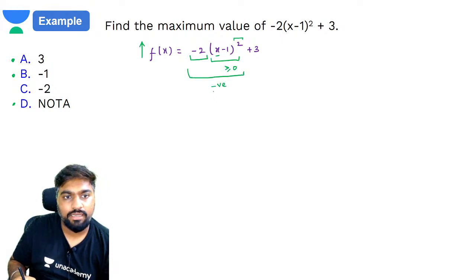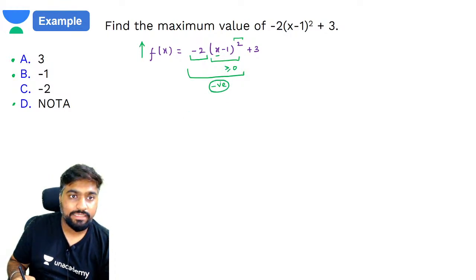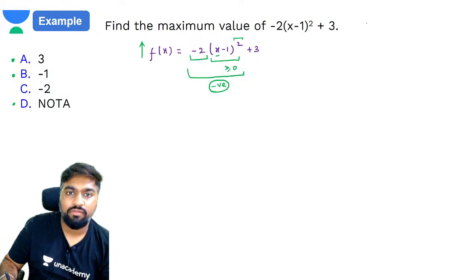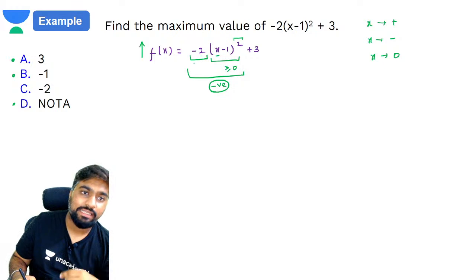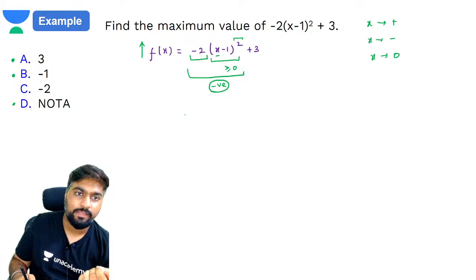I'll always get a negative value. Yes or no? So whether I put x positive, negative or 0, I know my value will end up decreasing only.